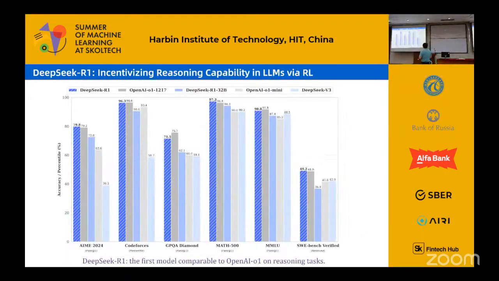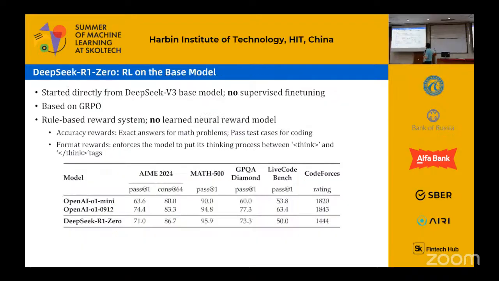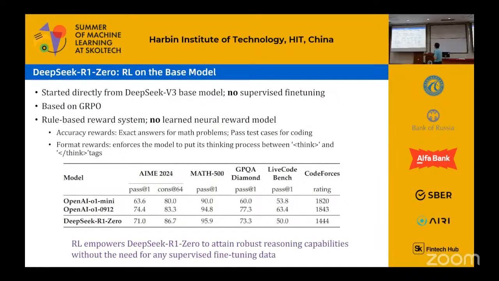Okay, so we have talked about the DeepSeek R1 model, and it has demonstrated that RL empowers DeepSeek R1-Zero to achieve robust reasoning capabilities even without supervised fine-tuning data.